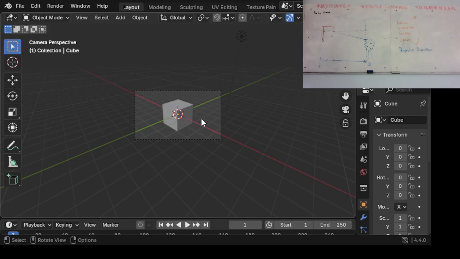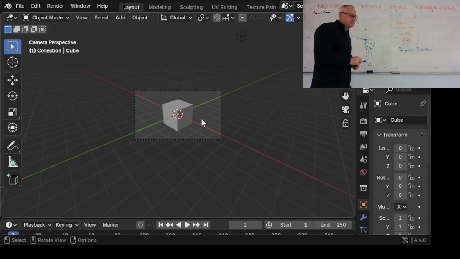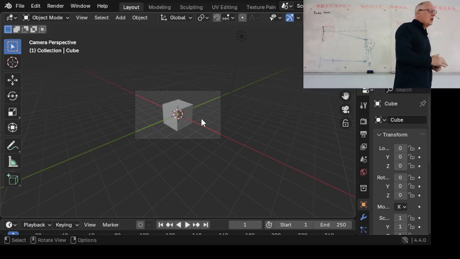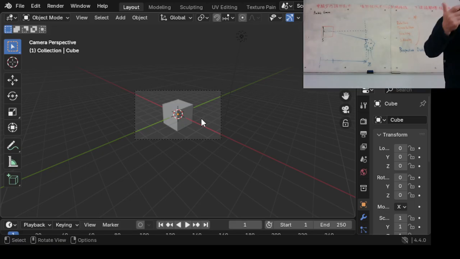OpenGL assumed that the axis for the camera was Z. That was your depth from the camera. And some of the graphic standards use Y. And then there's a difference about Y up or not up.